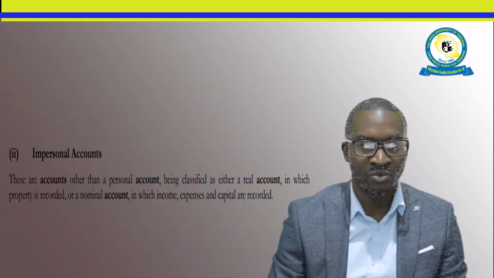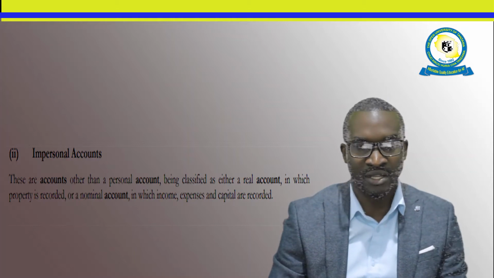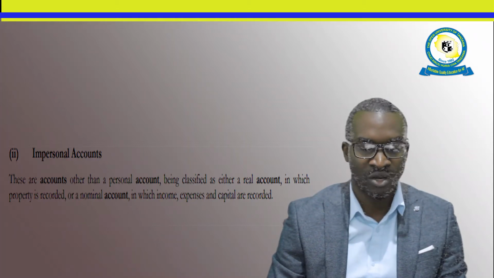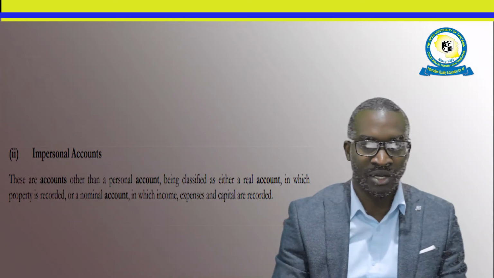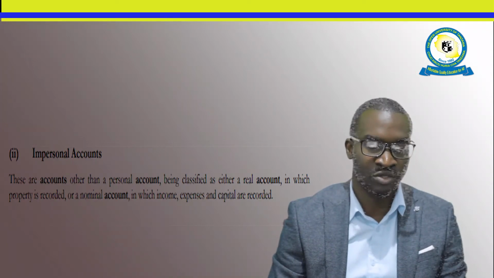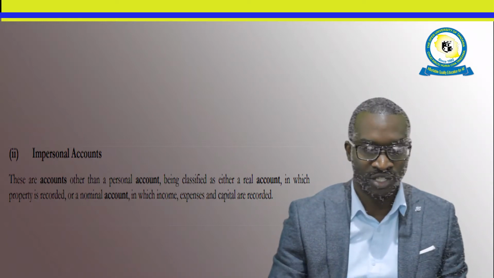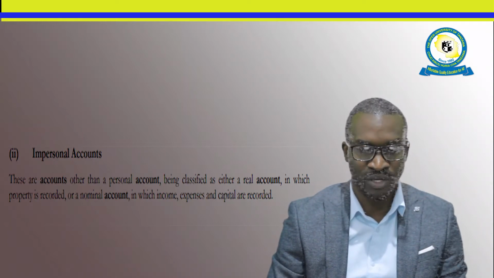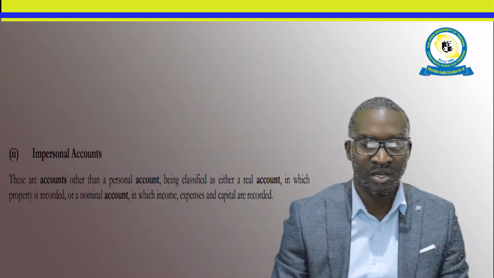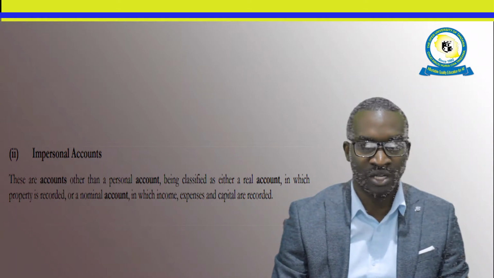But the nominal accounts are the accounts that incorporate elements under income and expenses, elements that fall under the income statement, the elements that you might find under the income statement. These also include revenue and expenses, and sometimes even the capital that is recorded also falls under the nominal accounts.